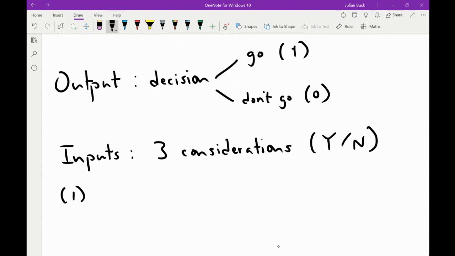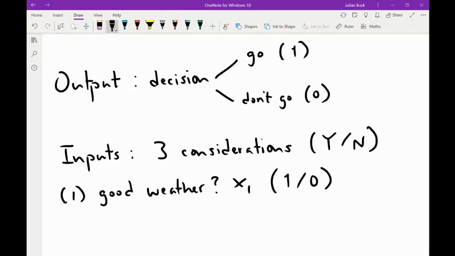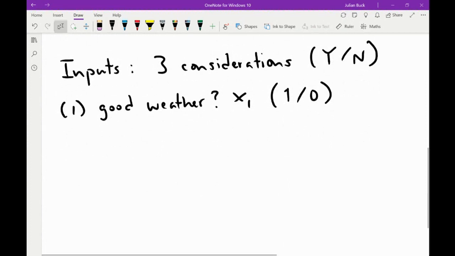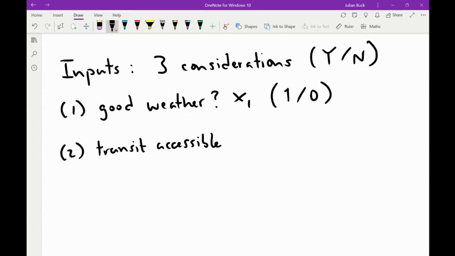So the first was, is there going to be good weather? We denoted this feature by x1. And just like before, we're going to encode it using 1s and 0s. Yes or no correspond to a 1 or a 0. The second, is it accessible by transit? This is also, of course, encoded by a 1 or 0.